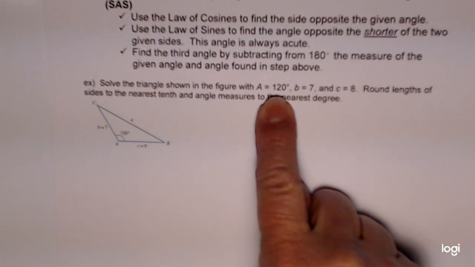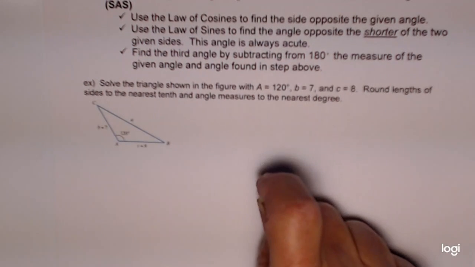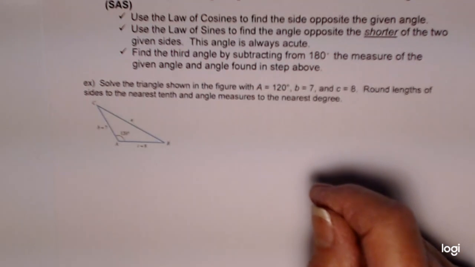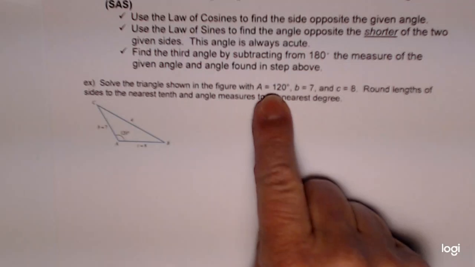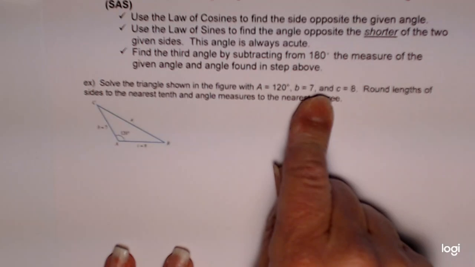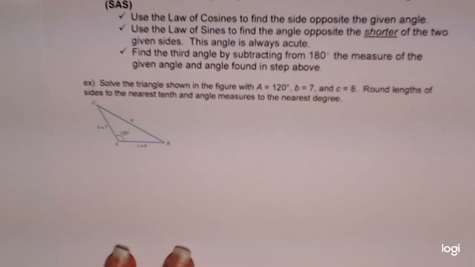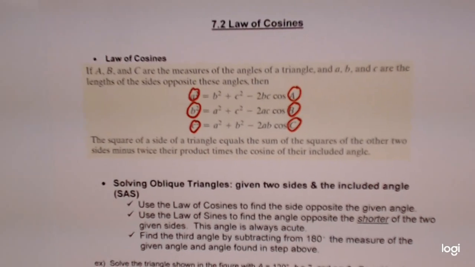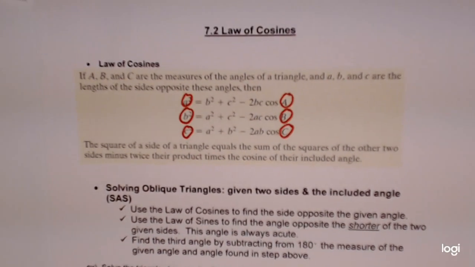We don't have any 90-degree angles here, so we can't use the Pythagorean theorem. That's not going to work. Also, we have angle A, but we don't have side A, so we're not able to establish that ratio that we would need in order to use the law of sines. So if we didn't have this handy-dandy law of cosines, we wouldn't be able to proceed with this problem.